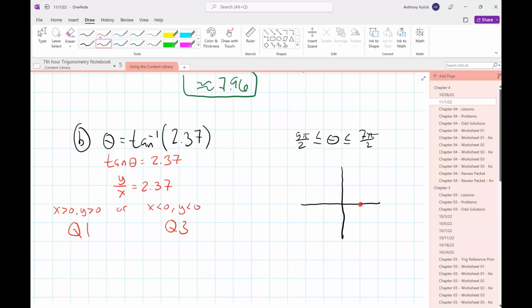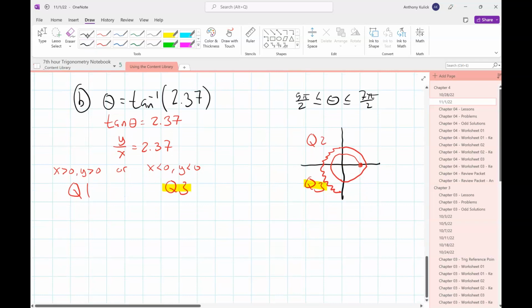We begin by rotating counterclockwise, and each quadrant is half a pi, so I'm just counting. Half a pi, 1 pi, 1.5, 2, 2.5, that's 5 over 2, 3 to 3.5. So that covered quadrants 2 and 3. Where does our answer lie? Quadrant 3.